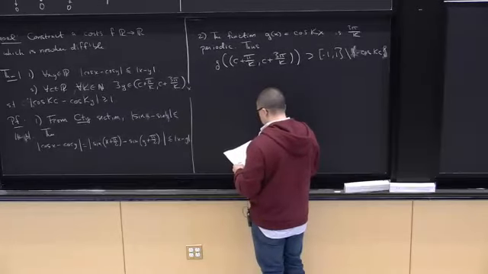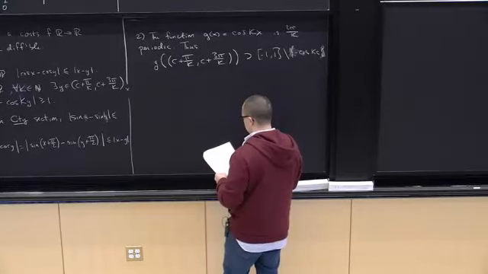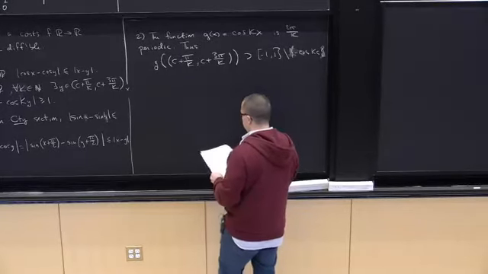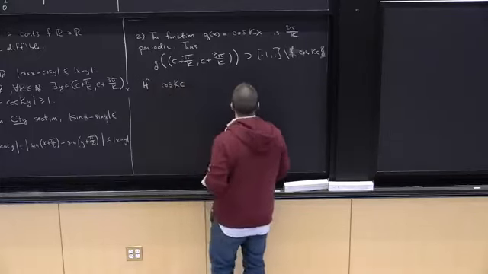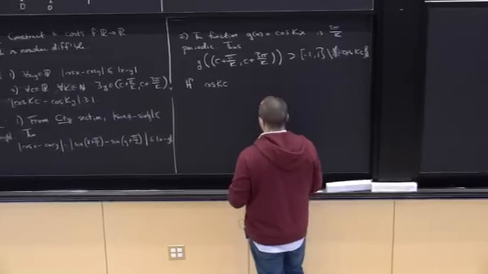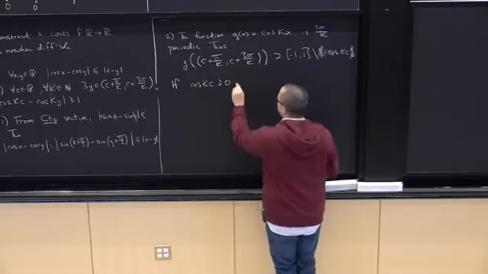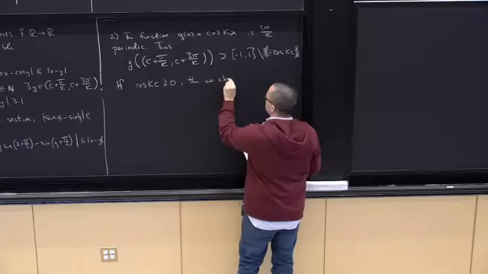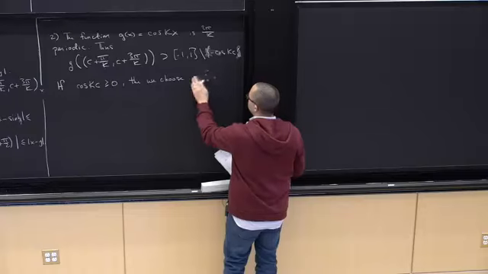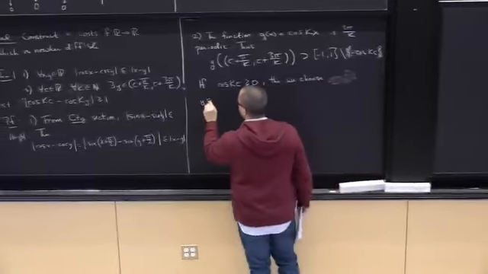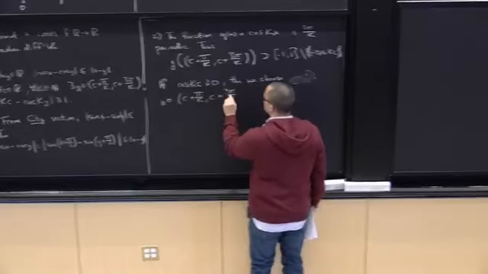So, okay. Then, if cosine of kc is bigger than or equal to 0, then we choose y in this interval, c plus pi over k, c plus 3 pi over k.